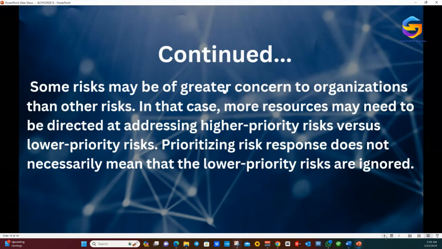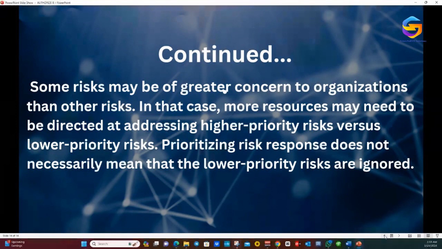So in a nutshell, risk response means the organization would have to respond to risks after the AO has done his analysis and determination when he has received the authorization package, which are the SSP, the SAR, the POA&M, the executive summary, and any other artifact necessary for making the determination.